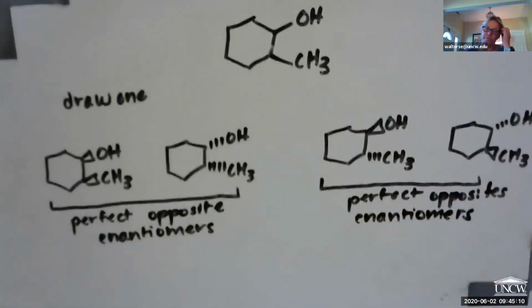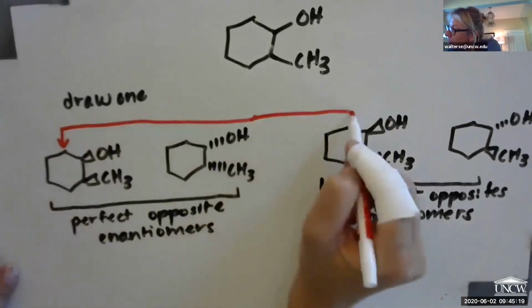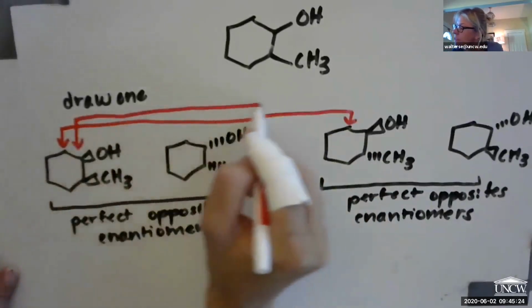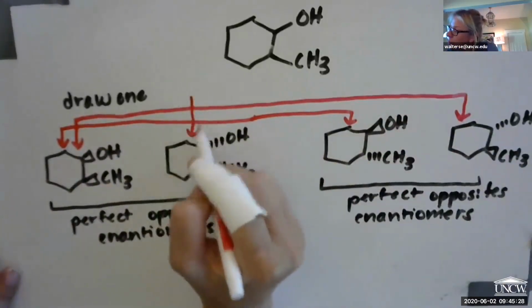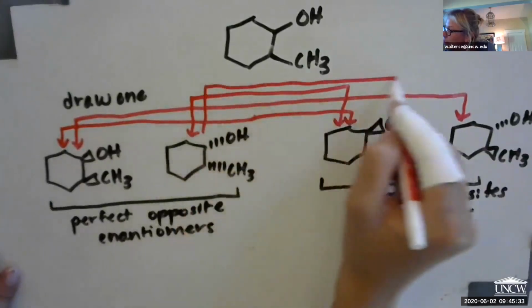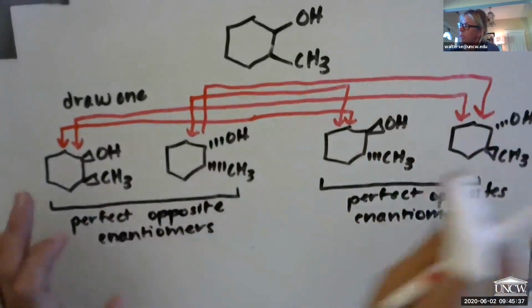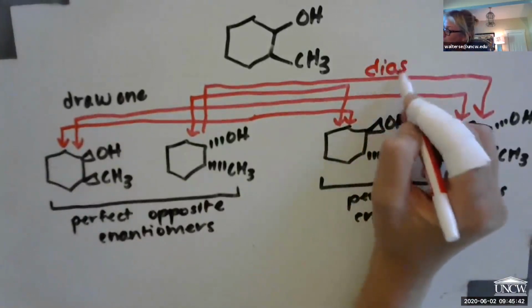Okay. This one and this one, or this one and this one, or this one, this one. The relationship between one from here and one from here, those are diastereomers.